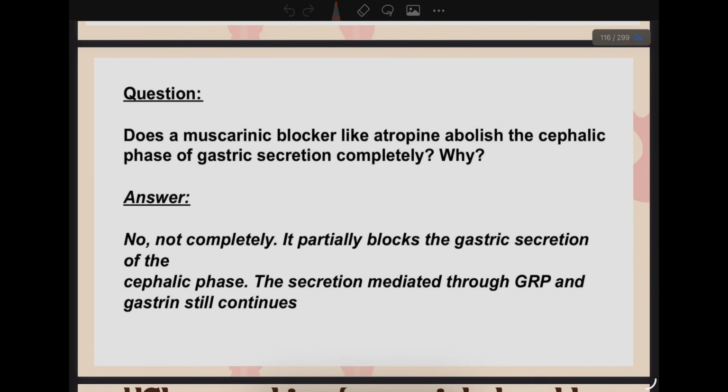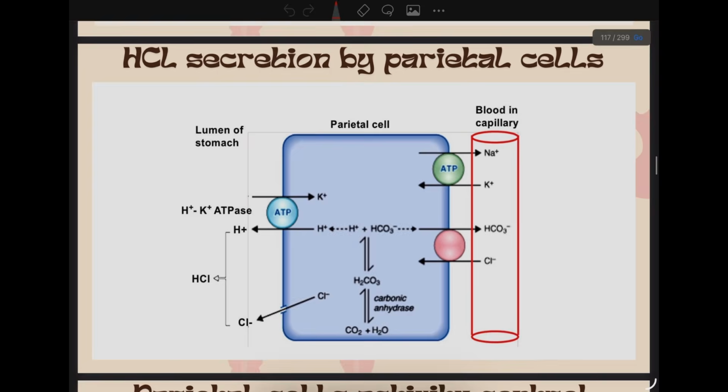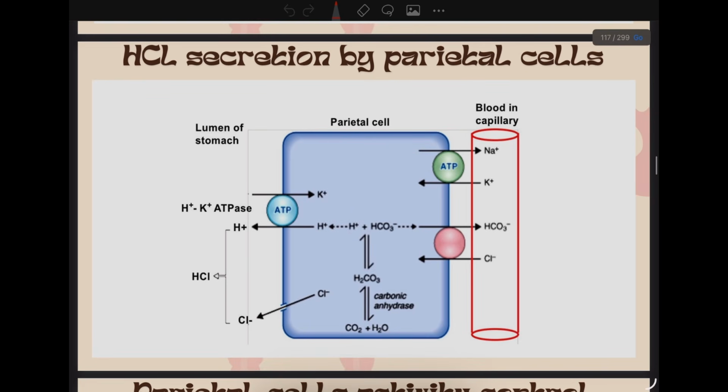A muscarinic blocker blocks M-cholinergic receptors, which are receptors for acetylcholine. But there are other things that vagus can still secrete in the cephalic phase, such as gastrin-releasing peptides, if you guys remember, which also release gastrin, basically. So it will not be fully abolished. Very easy concept, but I don't know if she will ask about it at all or not.